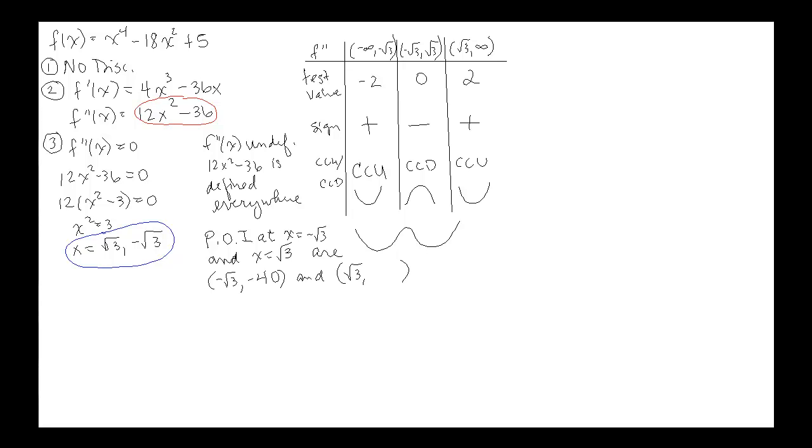And if you plug the other one in, square root of 3 to the 4th minus 18 times square root 3 squared plus 5, you notice that you get the same thing, negative 40. This is a symmetric function. In fact, it's an even function, so it's symmetric about the y-axis, but you can double check that. And so we have 2 points of inflection. Those would essentially be right there and right there. All right, that's it.